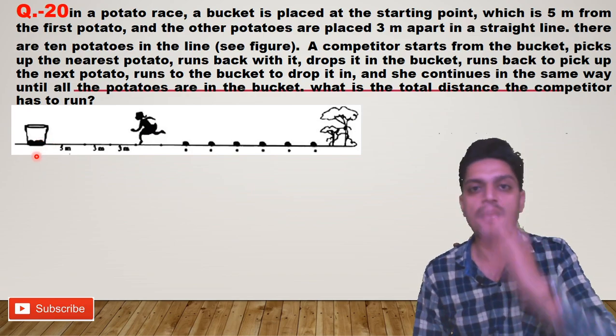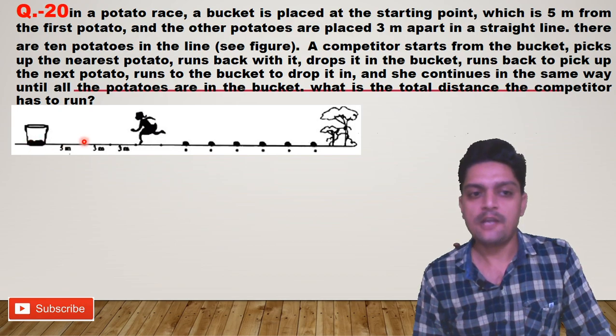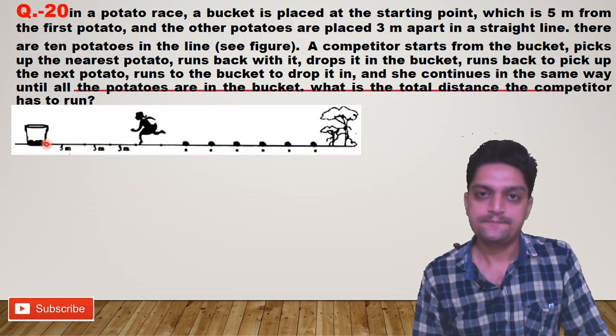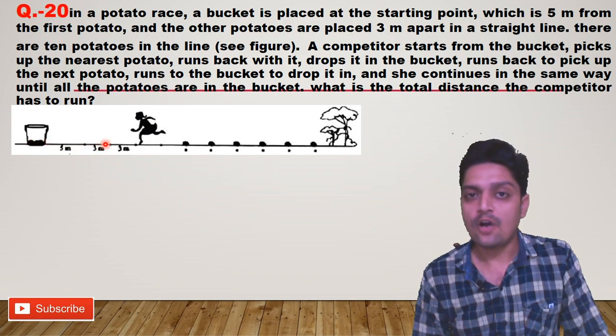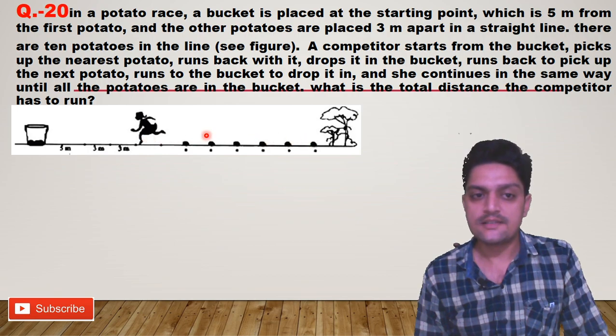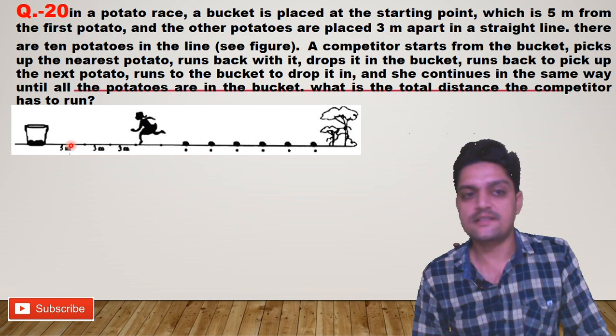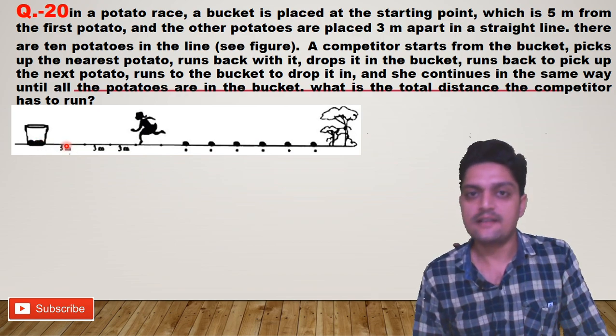That is the main point you have to consider. Remaining potatoes are at distances of 3, 3, 3, 3 and 3. All these distances are the same, but the first distance from the basket is different.